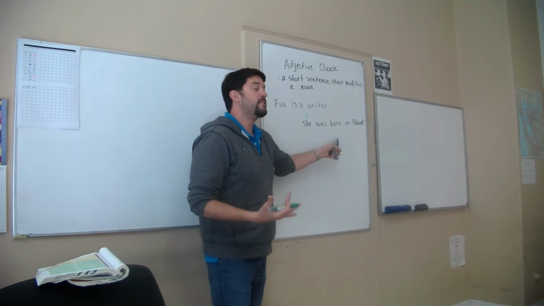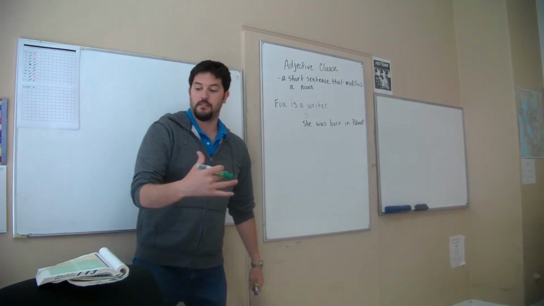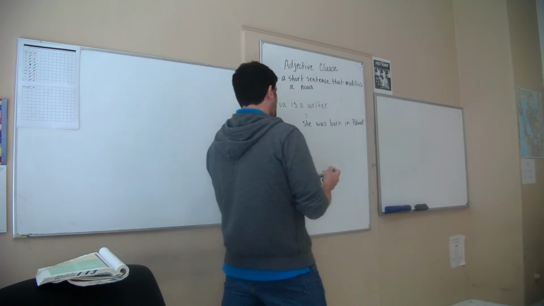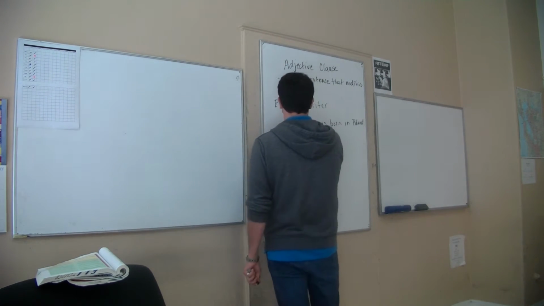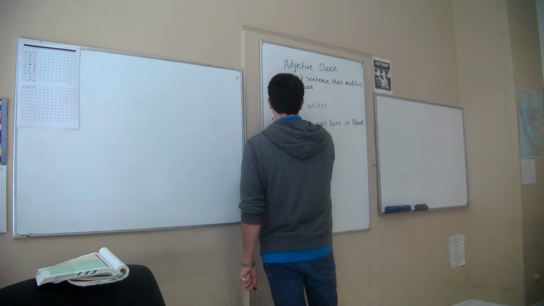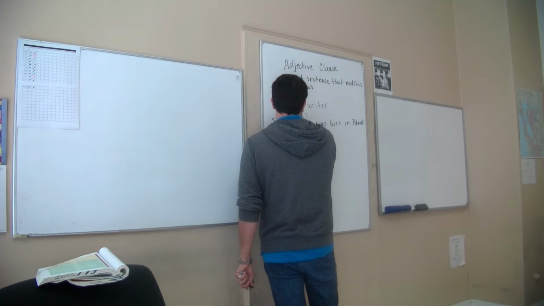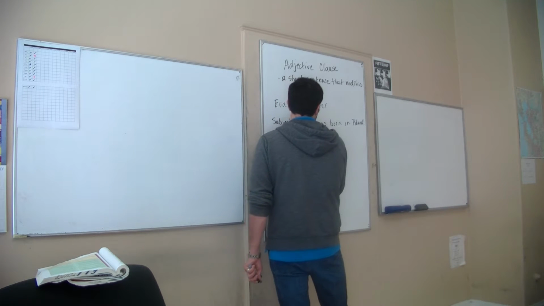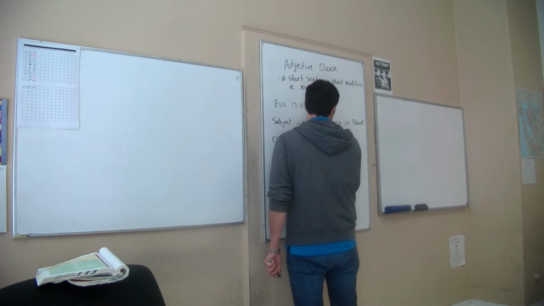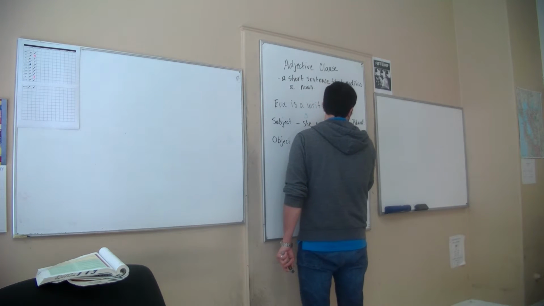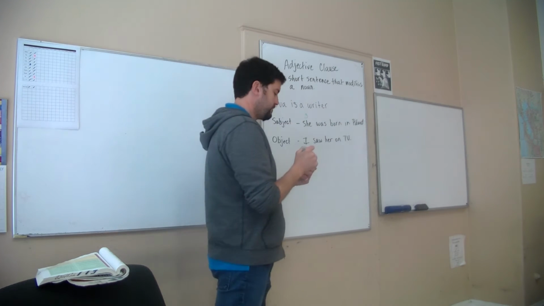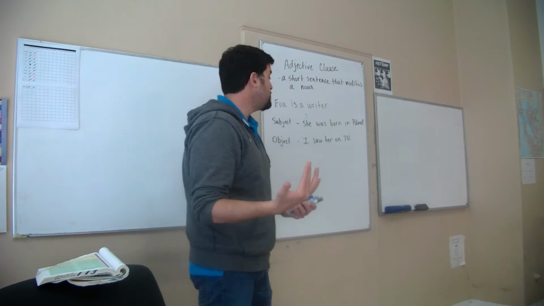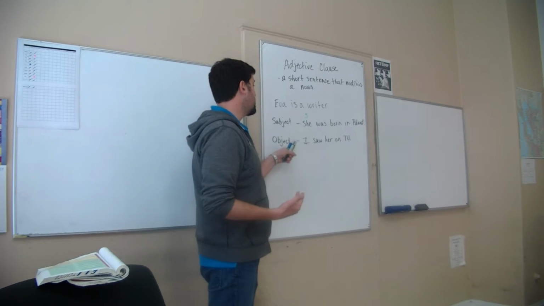Now, sometimes it can also be the object of a sentence. All right, so look at that one. It says, Ava's a writer. I saw her on television. Okay, so now what we can do is we can turn both this subject and this object.